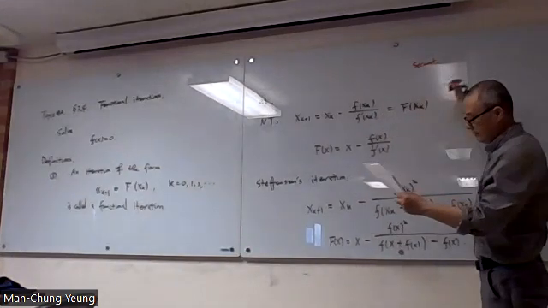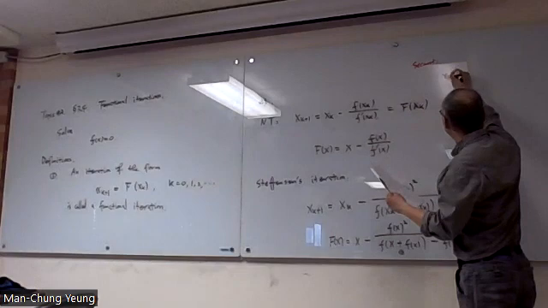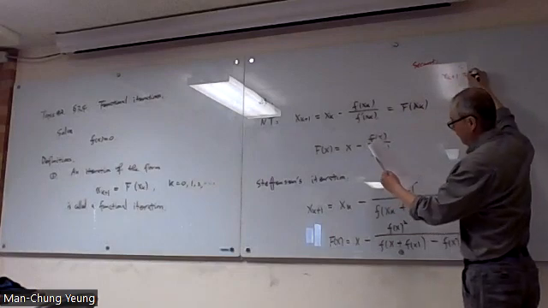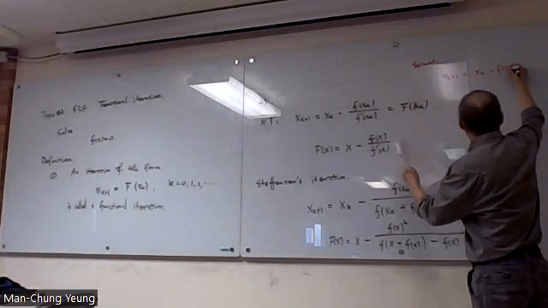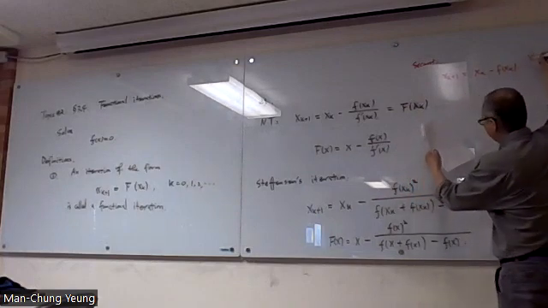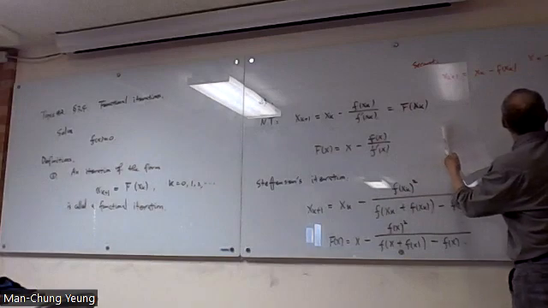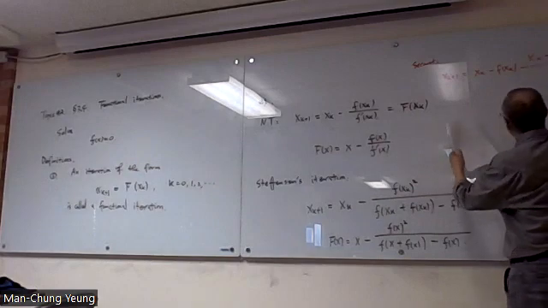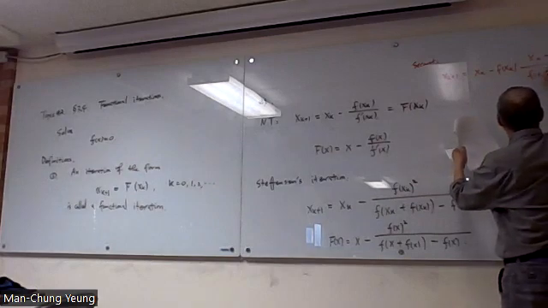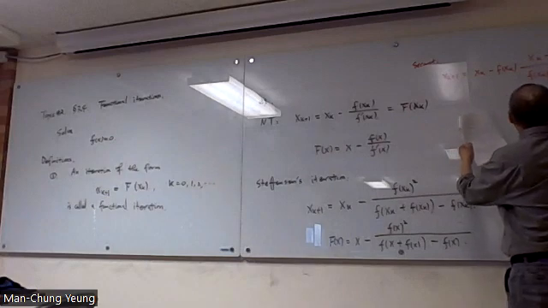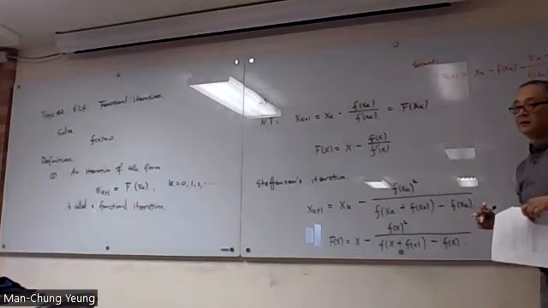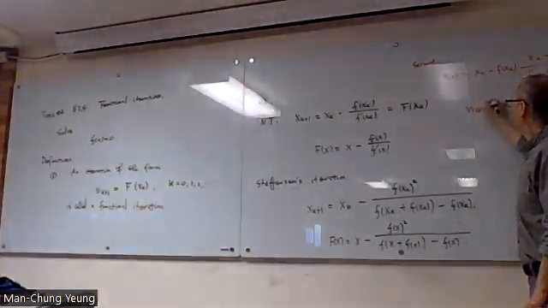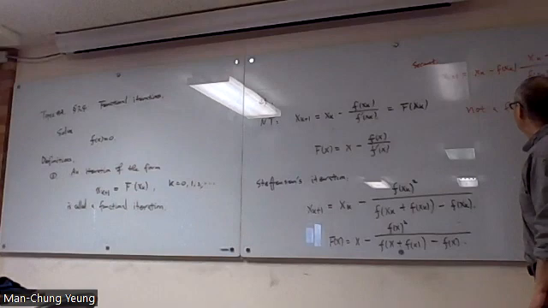The iteration is x_{k+1} = x_k minus f(x_k) times (x_k minus x_{k-1}) over (f(x_k) minus f(x_{k-1})). This is not a functional iteration.